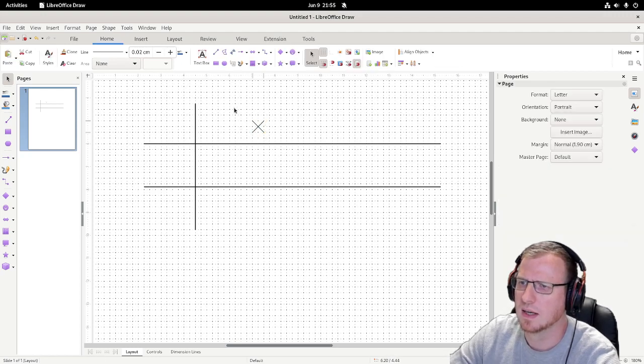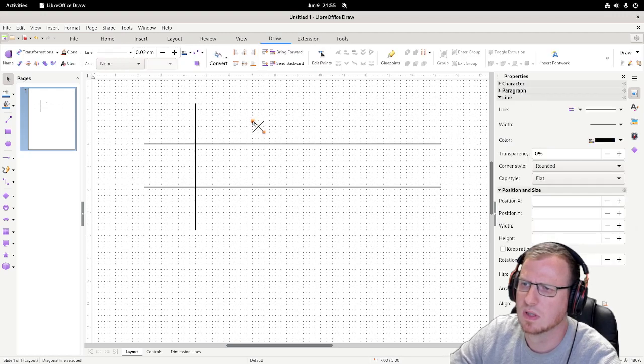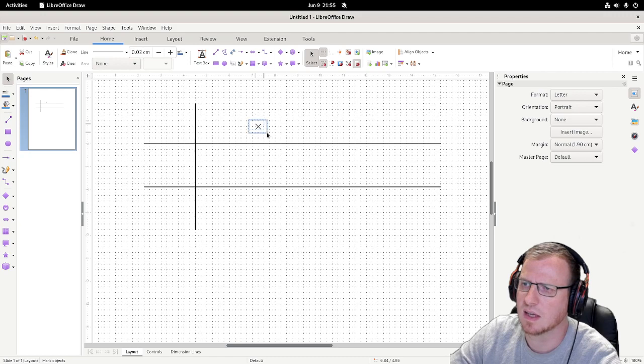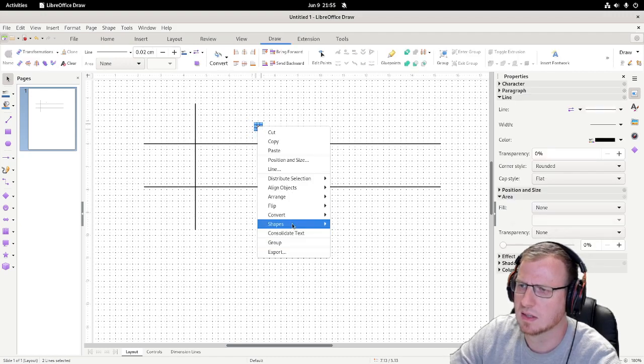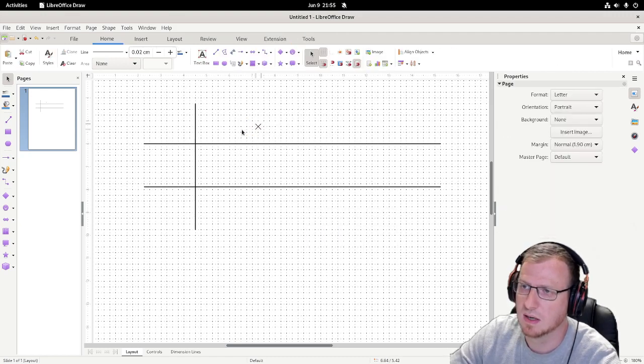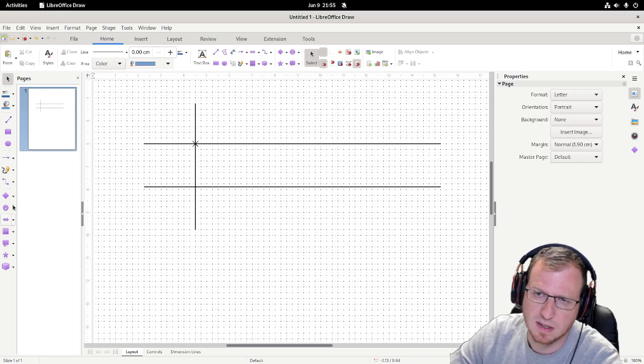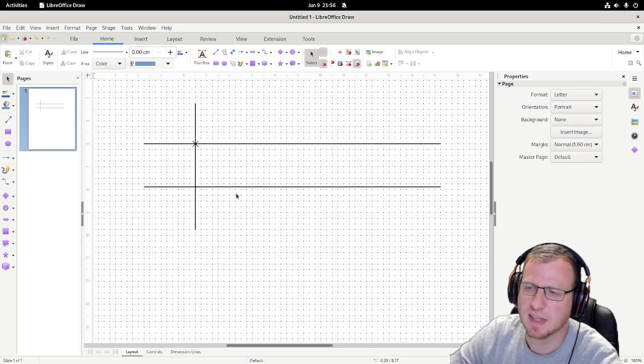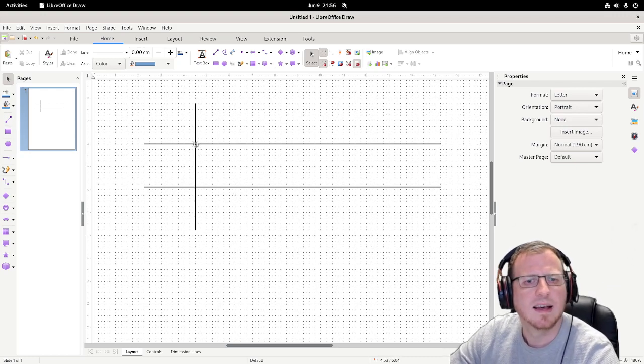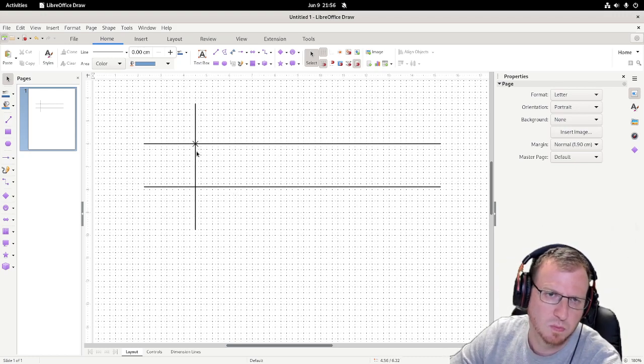This X is a little bit too big for my taste, so I can group this. Now I have a fine X. An X simulates an open switch.